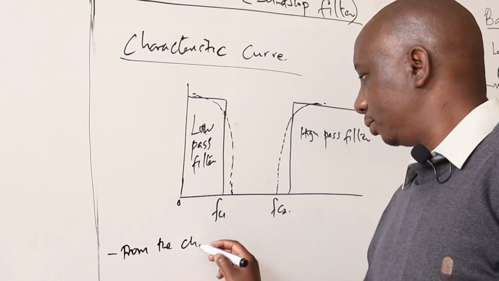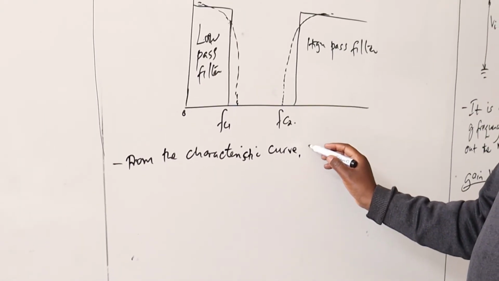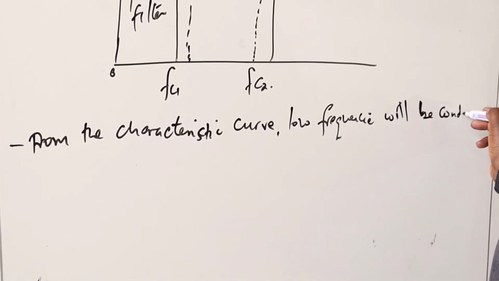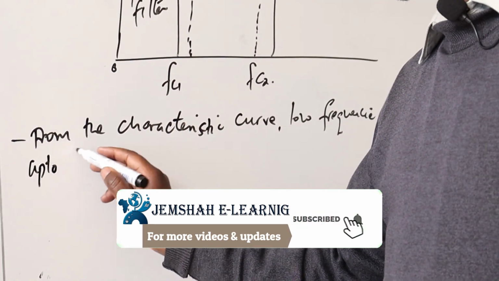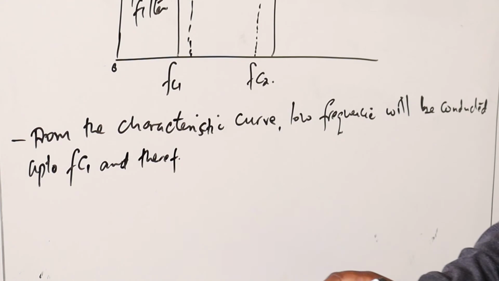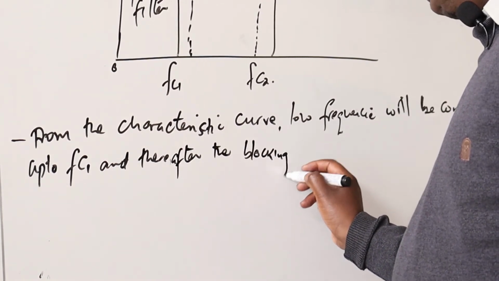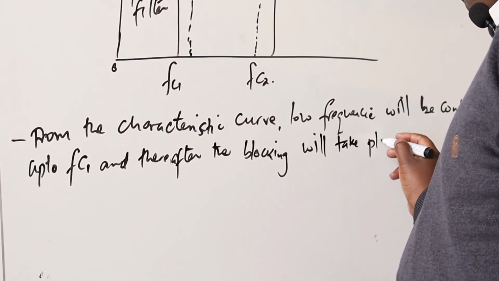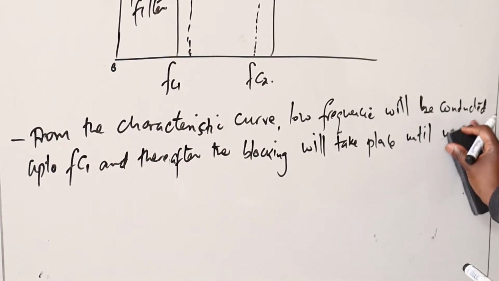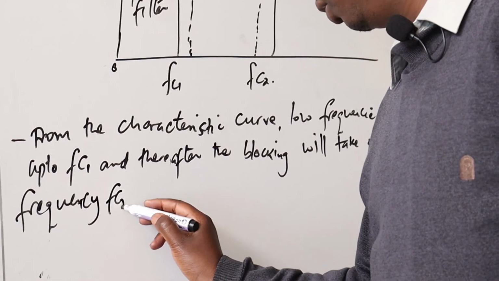From the characteristic curve, low frequencies will be conducted up to FC1, and thereafter, the blocking will take place until the frequency FC2 is reached.